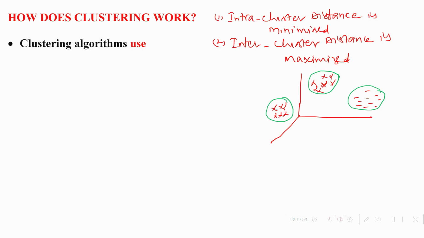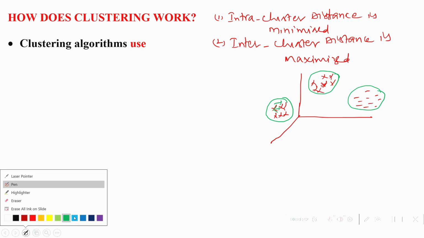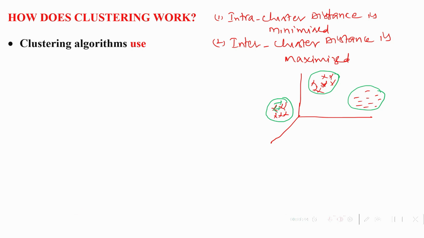Here the distance between these elements becomes very small. The variance in the distance between all the elements within the cluster is going to be minimized. Simply, that is called intra-cluster distance being minimized.